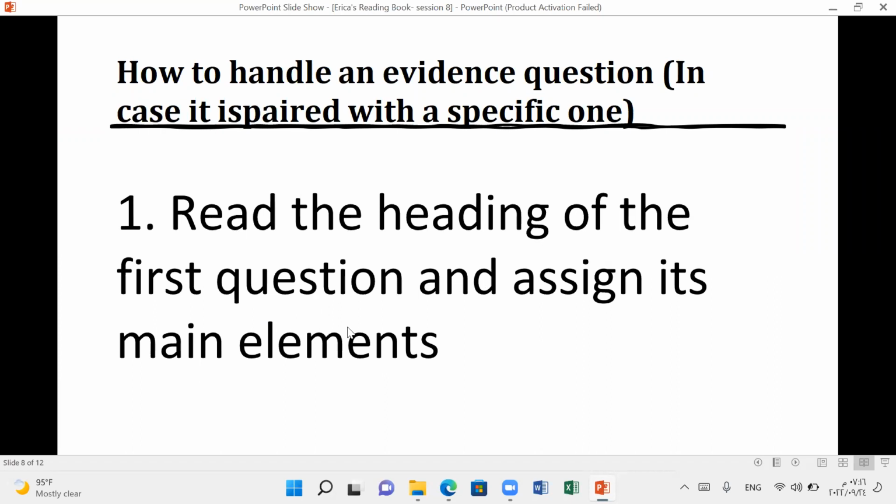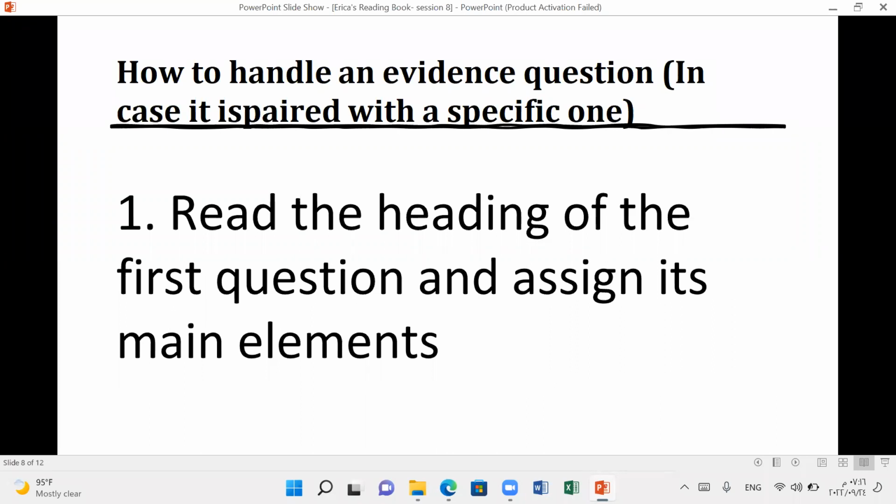How do I know its main elements? Any nouns, any important nouns, any particular proper nouns, any words that have strong tones. So you can please write this down: the main elements found in the heading of any question.